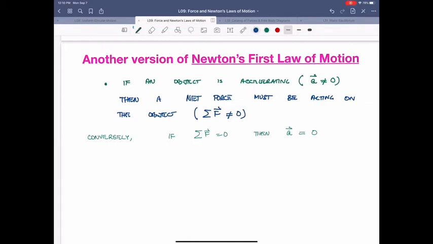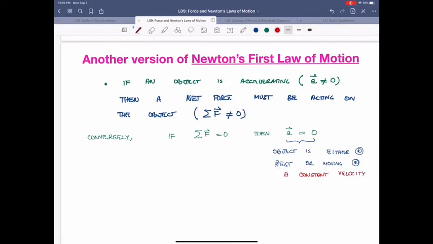Well, what does it mean it cannot be accelerating? If the acceleration is zero, it means the object is either at rest or moving at a constant velocity.